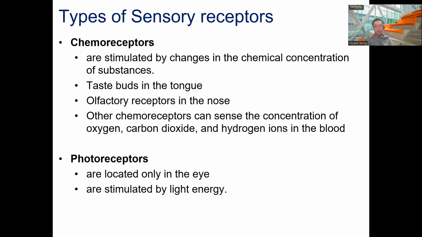We have the chemoreceptors, which are responsible for detecting changes in particular chemical concentration. Like we have taste buds in the tongue, which help detect the different tastes. We're going to talk more about that later. So detecting sodium, Na+, would trigger the sensation of saltiness.